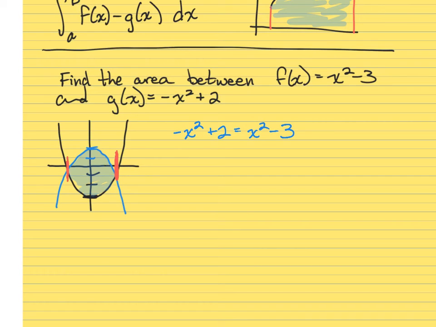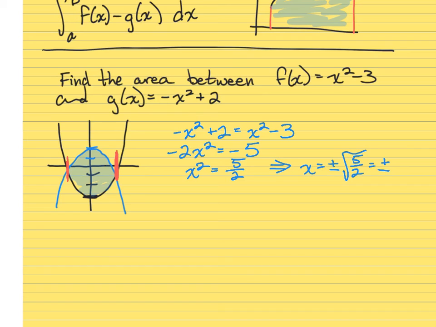And so this gives us minus 2x squared equals minus 5, or x squared equals 5 halves, which gives us x equals plus or minus the square root of 5 halves.